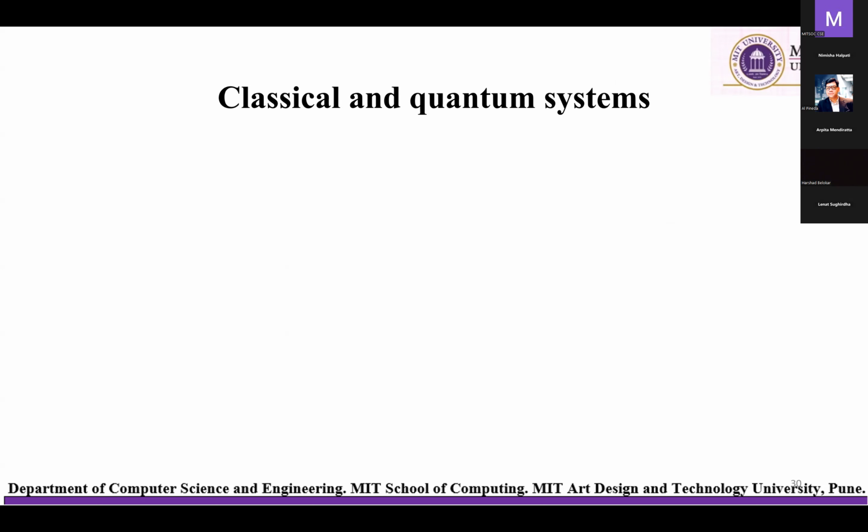Classical and quantum systems. In both classical and quantum systems, the state of a system is described using probabilistic values, but the representation and behavior of those states differ significantly. Classical systems have states that are represented as probability distributions, where each state has a probability, and the sum of the probabilities is always equal to 1.